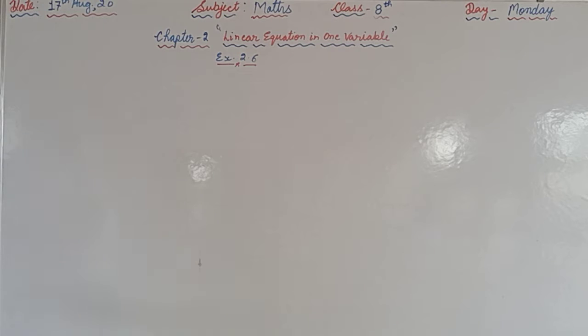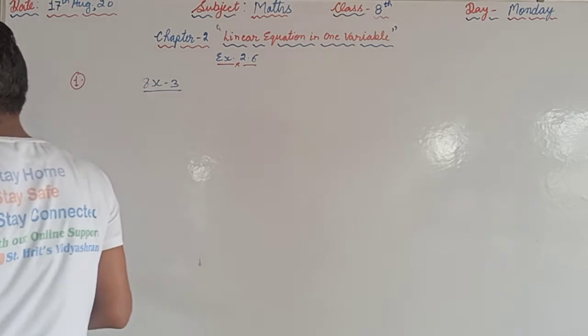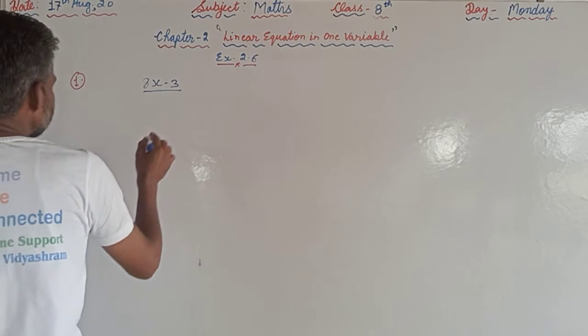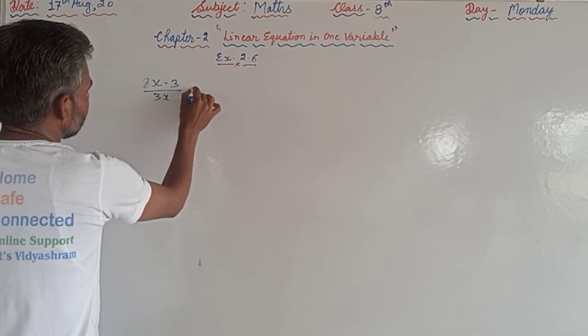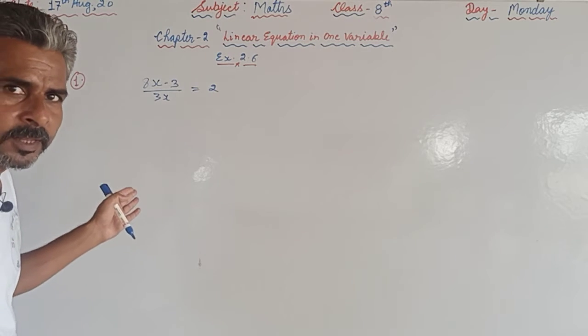We will take the first one, that is (8x minus 3) upon 3x is equals to 2. We have to solve the equation, means we have to find the value of x.